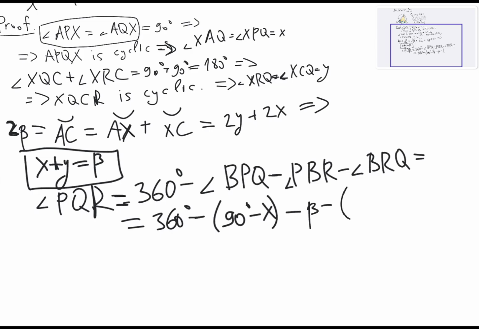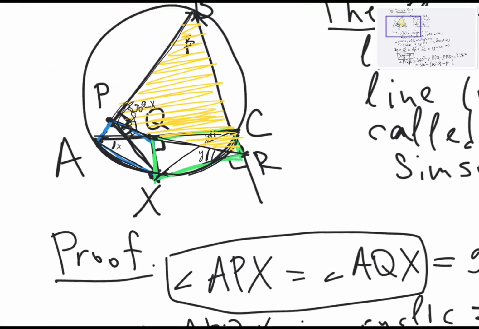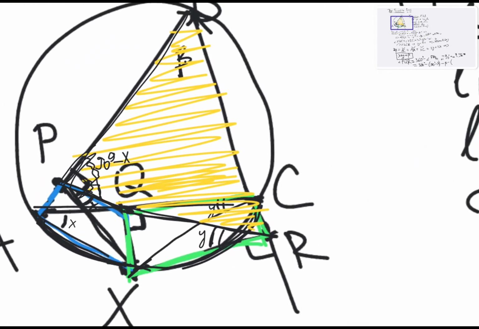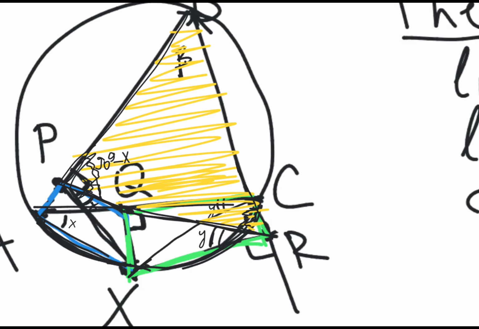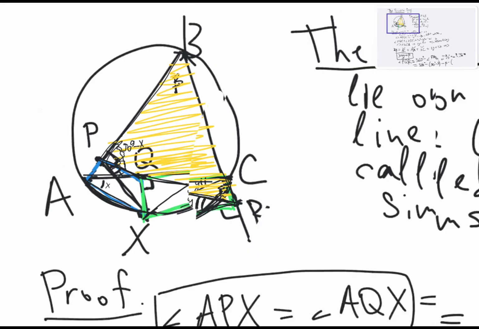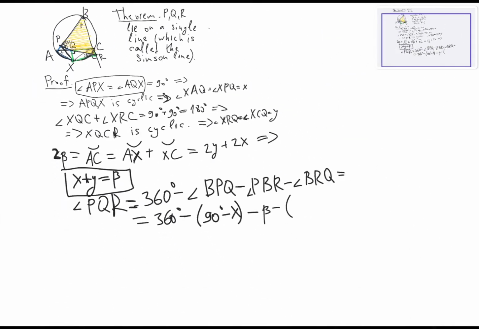And BRQ is simply 90 degrees minus y, because this angle is y and this angle is 90 degrees.